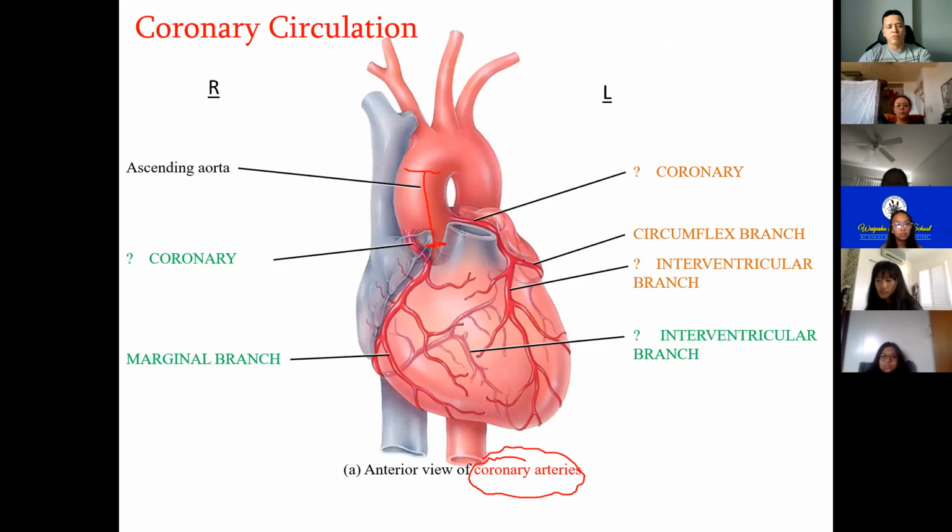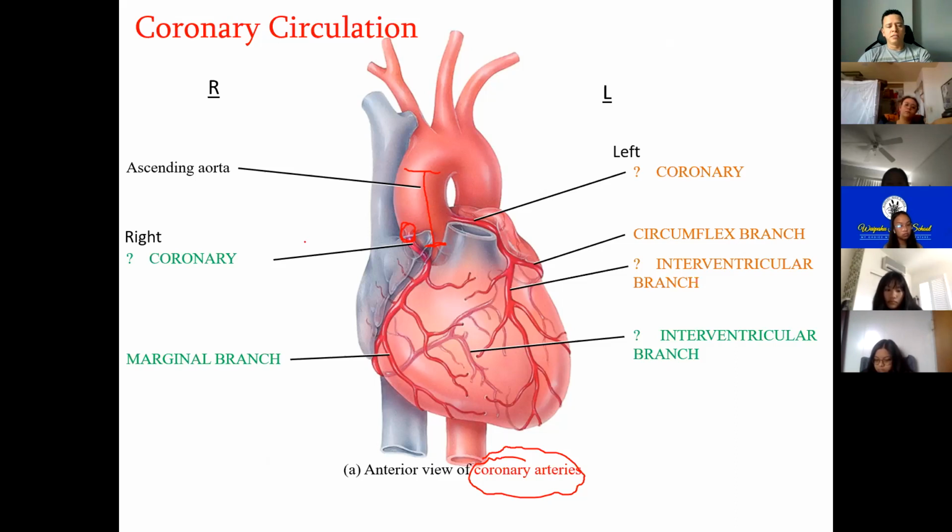We're going to have a right coronary right here, siphoning blood on the right side of the ascending aorta, and we're going to have the left coronary artery, which is going to be siphoning blood from the left side and supplying blood to the left side of the heart, okay? Now, there are several branches here of the coronary arteries, but I'm just going to focus on some of them, some of the most important ones, okay?